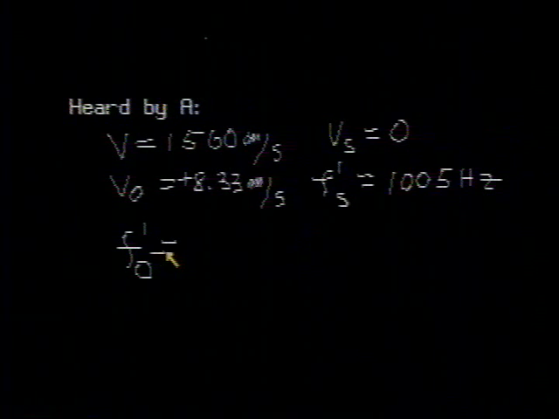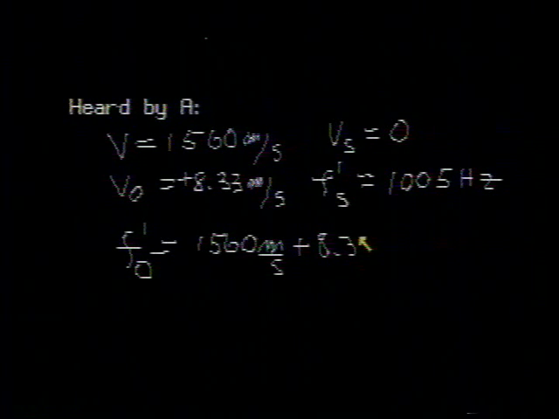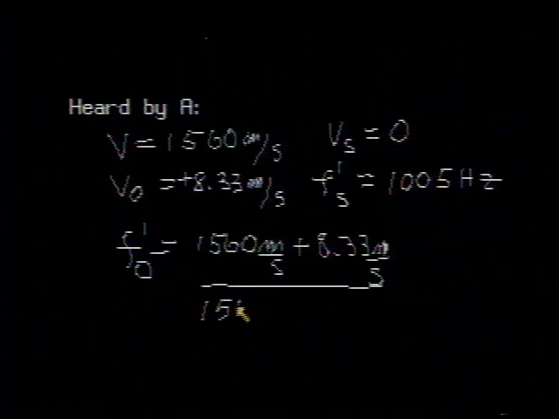1560 meters per second plus the velocity of the observer, which is now 8.33 meters per second, divided by 1,560 meters per second, minus the velocity of the source, which is 0.